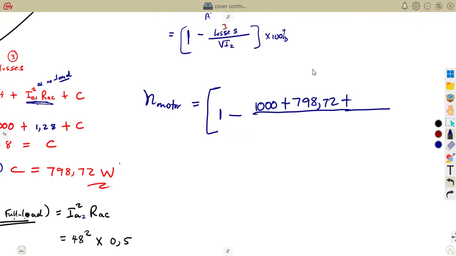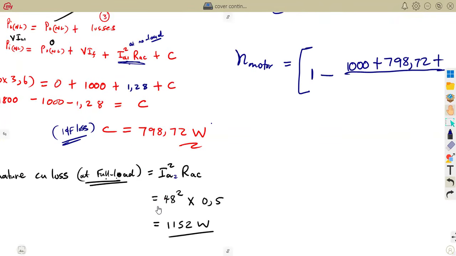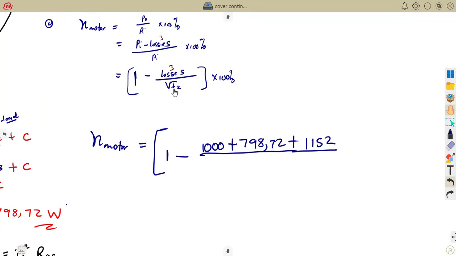Plus, you also calculated the armature copper loss at full load, which is 1,152. So we're going to have that one again, just like that. Everything over the input power. Remember, here we are relating to the input power: voltage times the current, the terminal voltage times the load current. But this load current is the one that you're taking at full load.